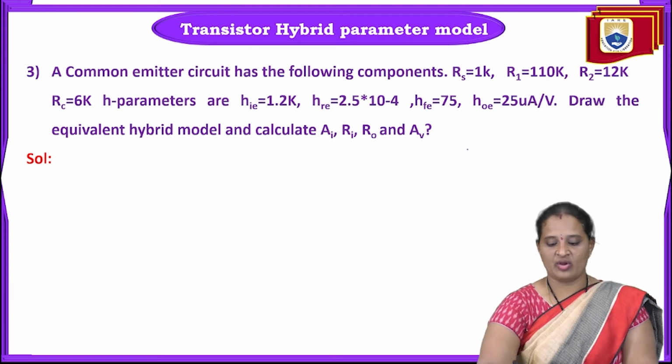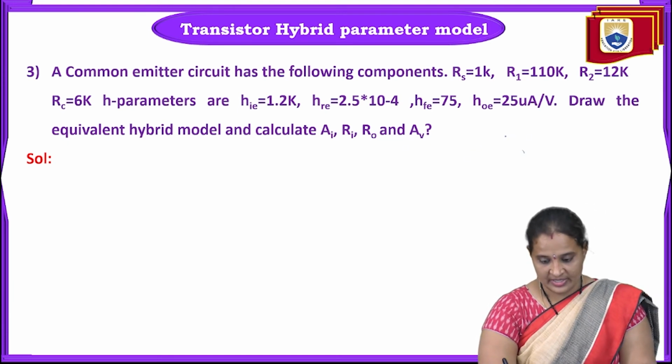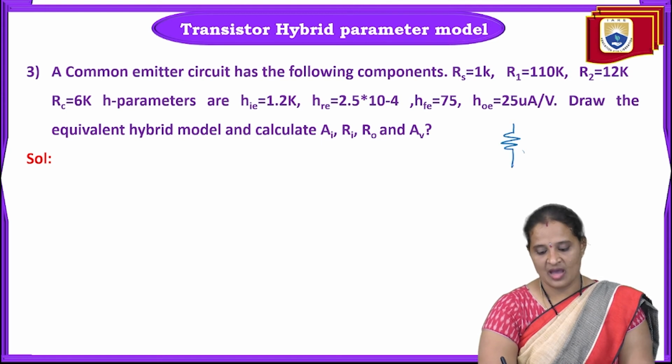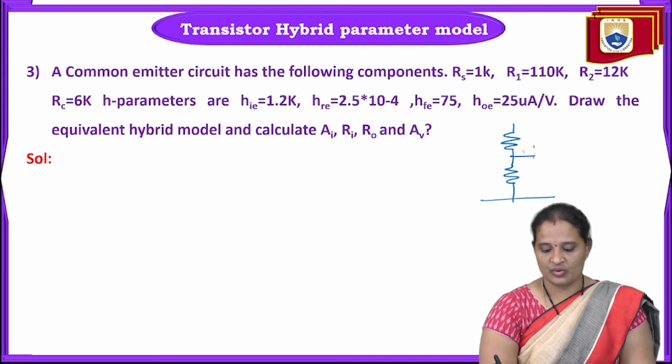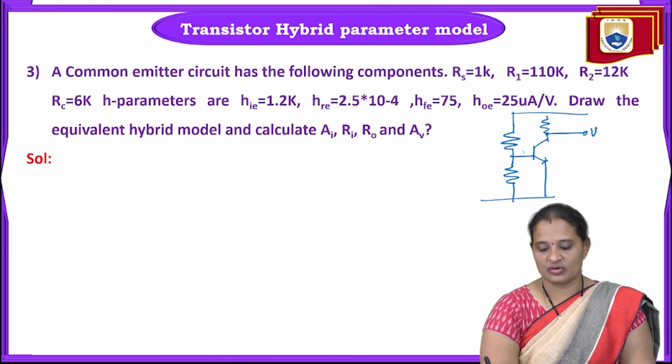So first of all, I'm drawing the equivalent circuit. So we have R1 and R2, right? And we don't have RE here, and we have RC, whereas we are taking the output across this one.